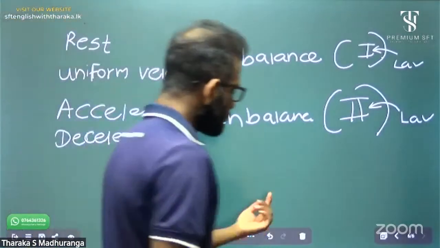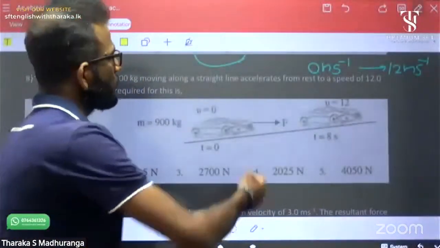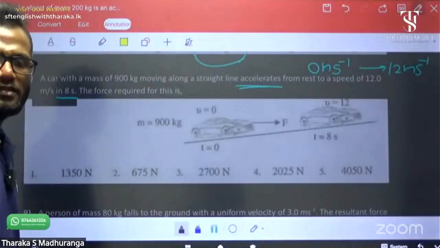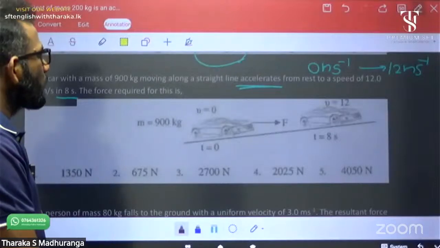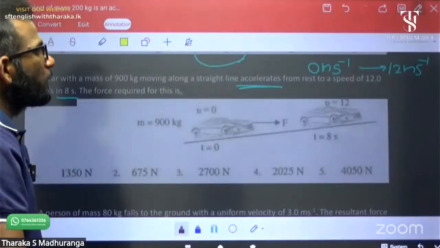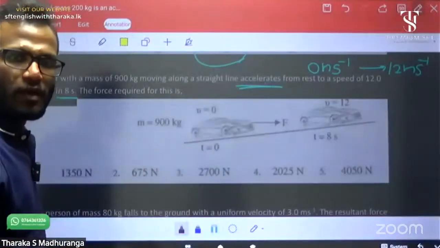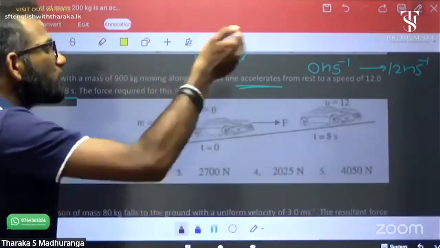Now go to the question. A car with mass 900 kilograms moving along a straight line accelerates from rest, meaning 0 meters per second, up to 12 meters per second.